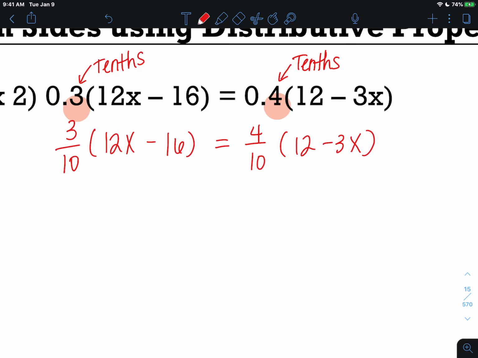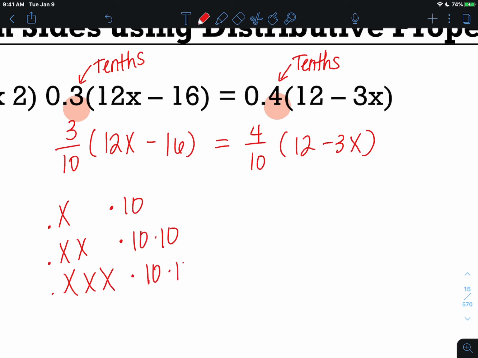So for example, in order to get rid of something that looks like this, I'd multiply by 10, multiply by 100, multiply by 1,000. The reason is 1 ten is 10, 2 tens makes 100, 3 tens makes 1,000.